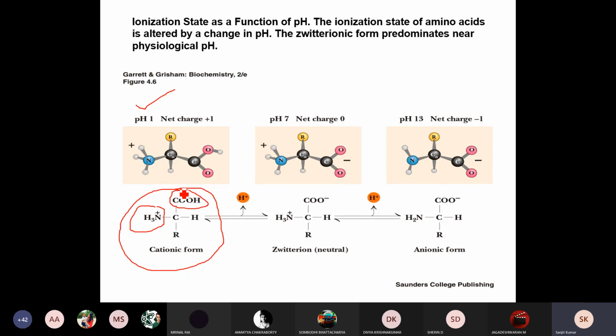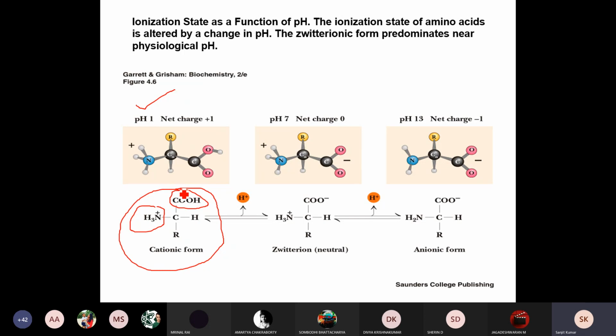What is the meaning of pH 1? Acidic pH. Acidic pH means a higher concentration of hydrogen ions.